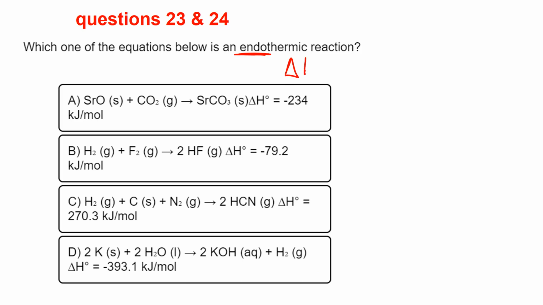I need to pay attention to delta H, and it's supposed to be a positive delta H. So I look at my choices, which one of these represents a positive delta H? C. All right. That's the only one that's positive delta H. Because every one of those is negative. The other one is probably going to be the other way around.